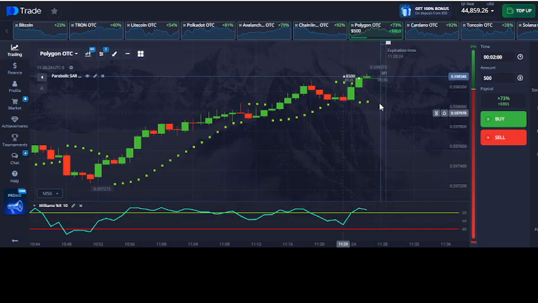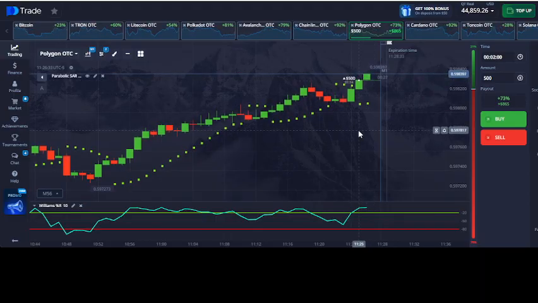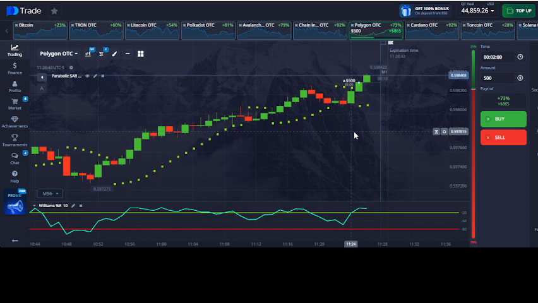And thirdly, the parabolic SAR dots have begun to print below the candles here. And this suggests to me a continued bullish breakout to the upside here over the next 2 minutes. So let's monitor this trade and wait for the expiration.